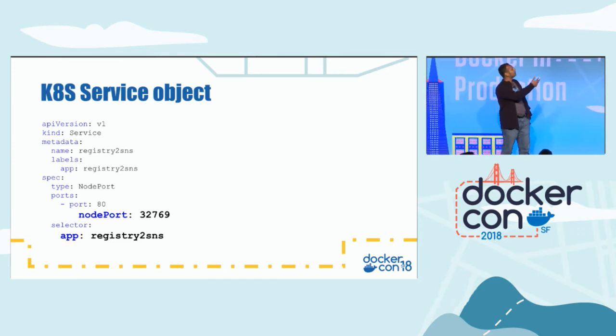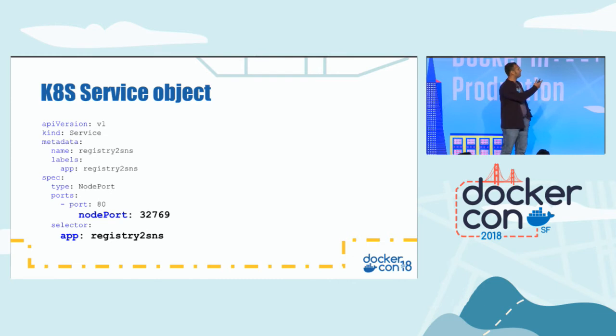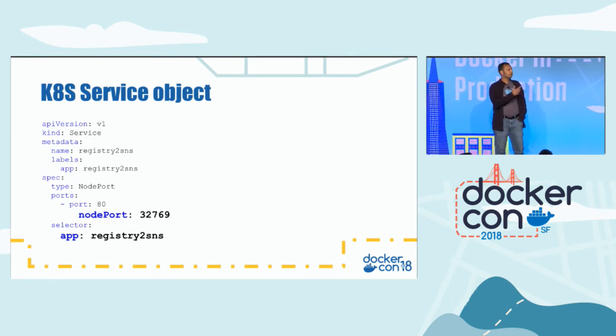The type of service object we are creating here is a NodePort type service object. The interesting bit of the service object is the nodePort config. You can see it's 32769. What Kubernetes does is, on every worker node, it opens this port, and any requests coming to this particular port on any of the worker nodes get transported to the pods described using the selector field.